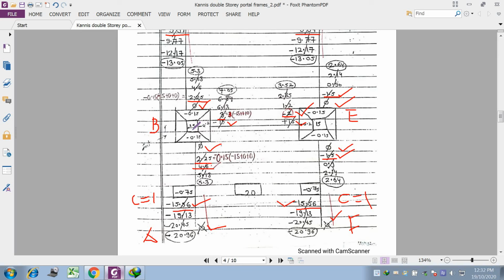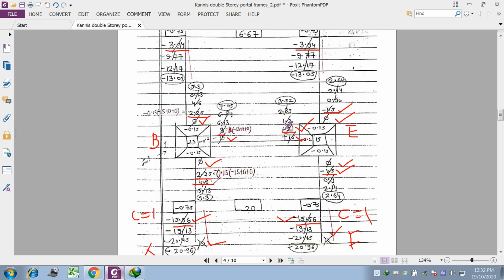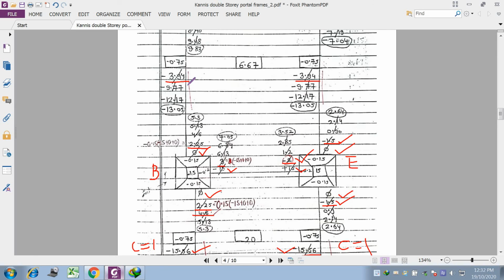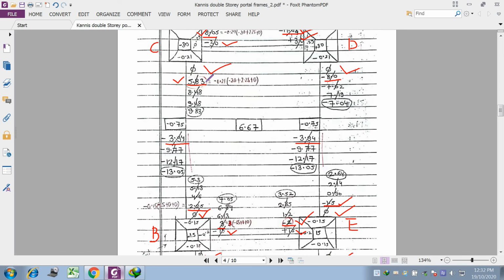Now we have to consider all values. Now minus 15.56 will be considered, so minus 15.56 will be there. Then the first iterated value at the far end is over, so this value will be considered. Along with that, we have to consider this minus 3.94 and this 5.83.